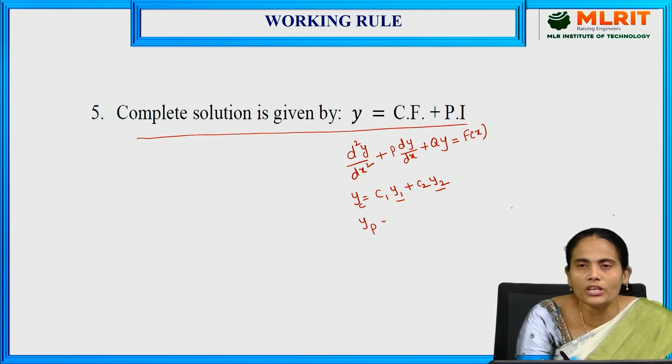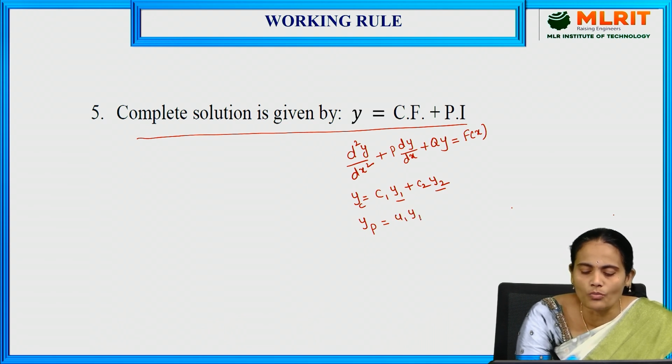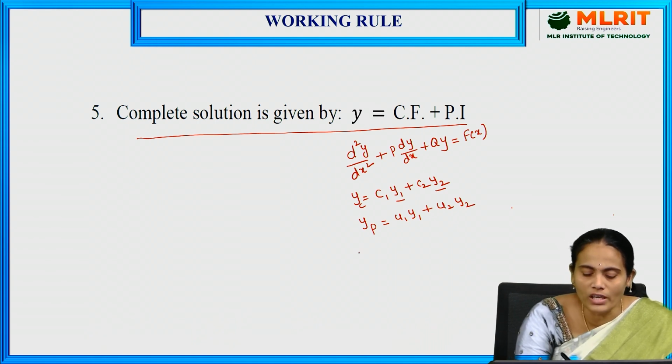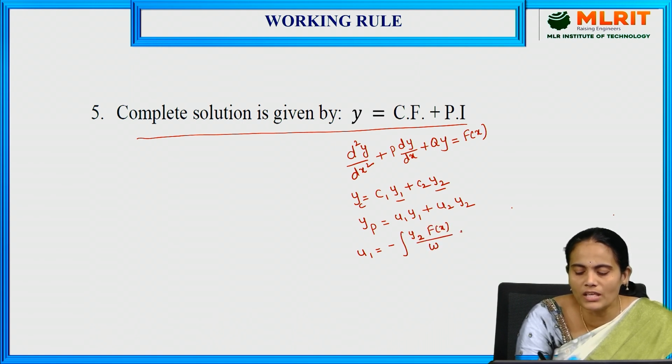The particular integral is defined as yp is equal to u1 into y1 plus u2 into y2. What are u1 and u2? u1 is equal to minus integral y2 into f of x divided by W into dx.